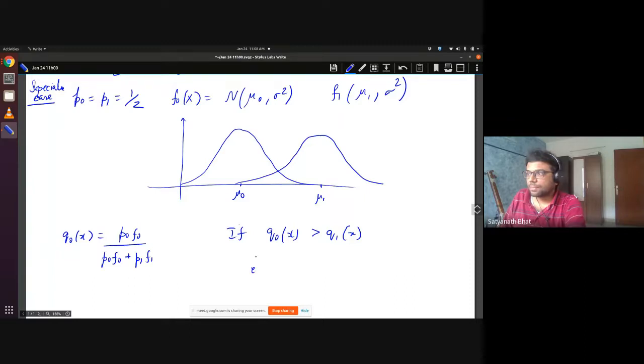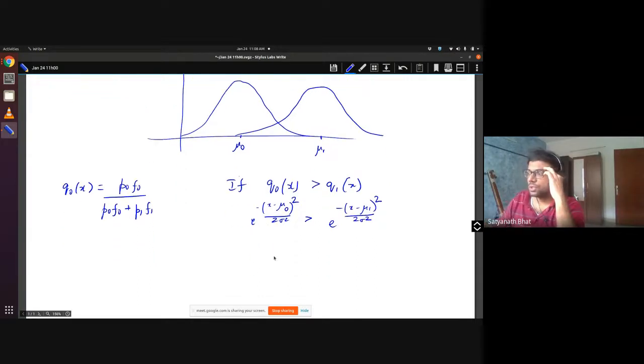You will have e power minus (x minus mu 0) whole squared by 2 sigma squared greater than e power minus (x minus mu 1) squared by 2 sigma squared. So if you do all the algebra, taking logarithm on both sides and simplifying, what you will get is x is less than mu 0 plus mu 1 by 2.